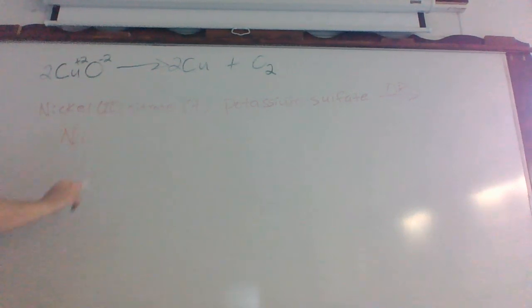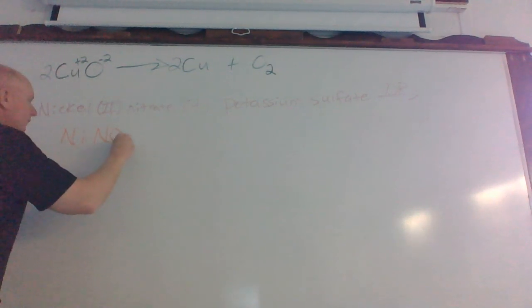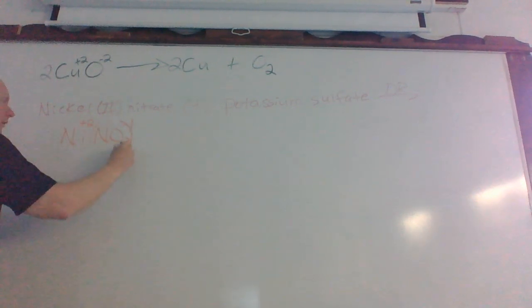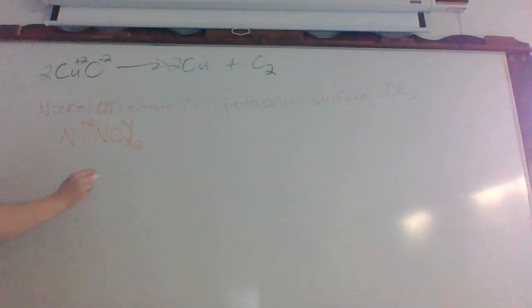So, what's the symbol for nickel? What's nitrate? Go by your negative ions. Charge of nitrate's a -1, I heard. What's the charge of this nickel? Those don't add up to 0. 2 nitrates. Okay.